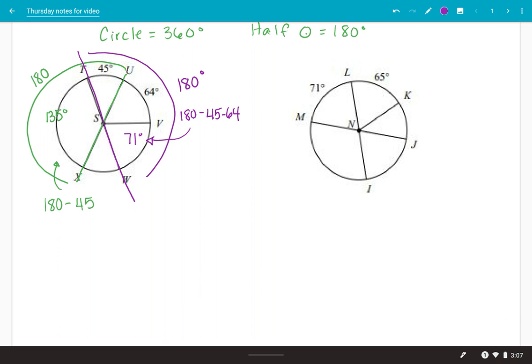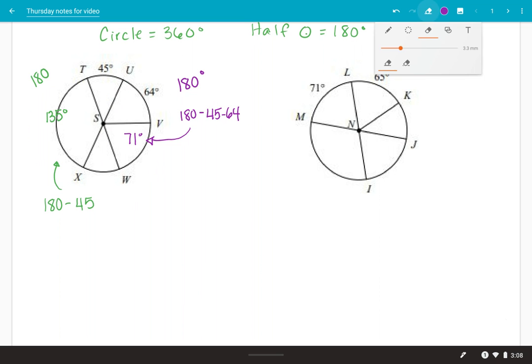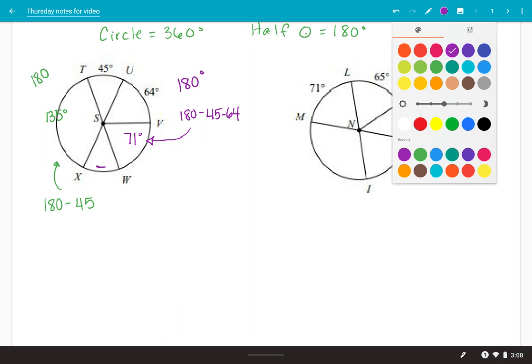Now that is a little messy, so I'm going to erase a little bit. And I'm going to get these. So that way we have that part. Now, if I get the last color, I need to find this last one down here. I need to find this one right here. I'm going to do it in a different color.